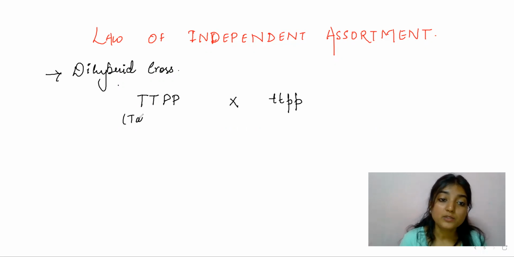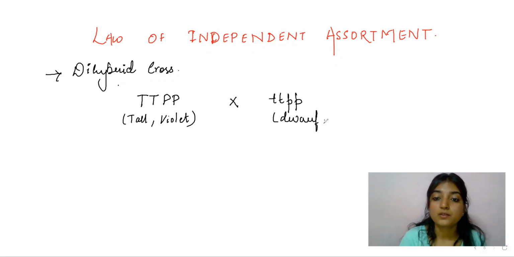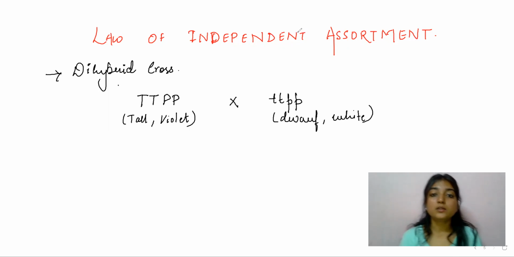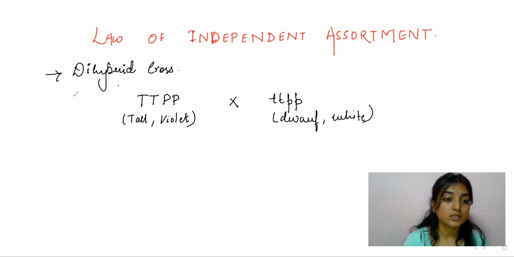So we are taking two characters, tall and violet, crossed with dwarf and white. These are the parents.